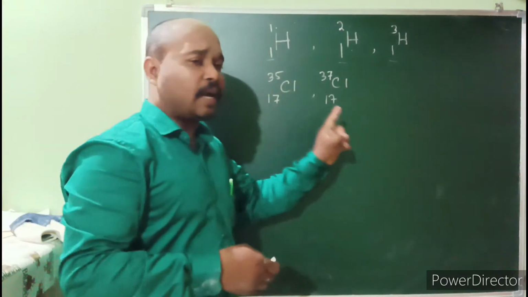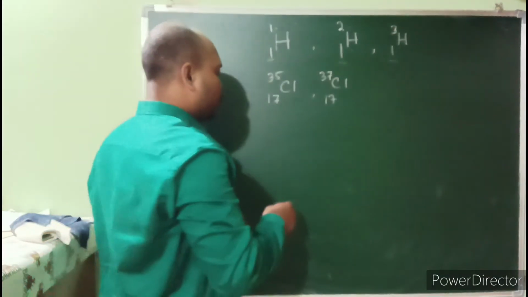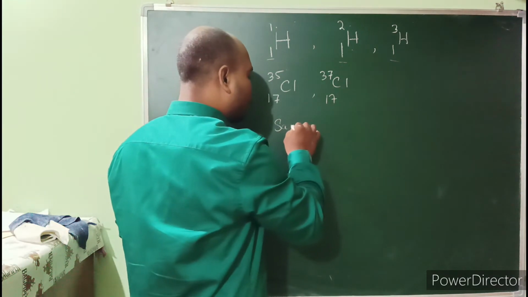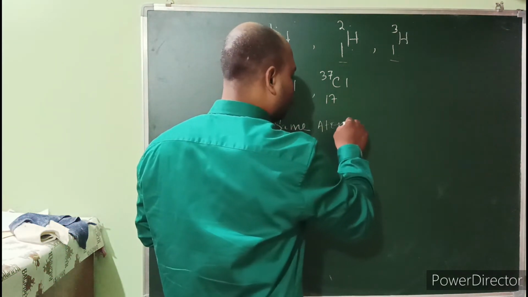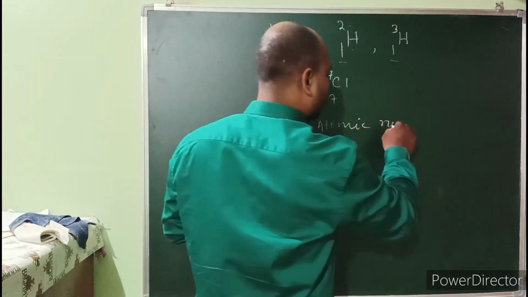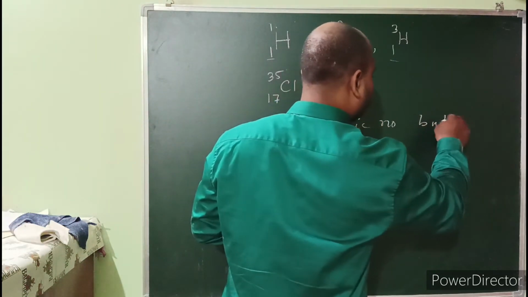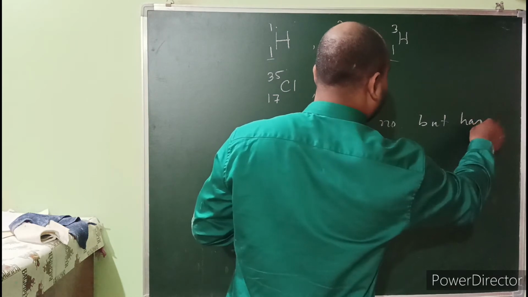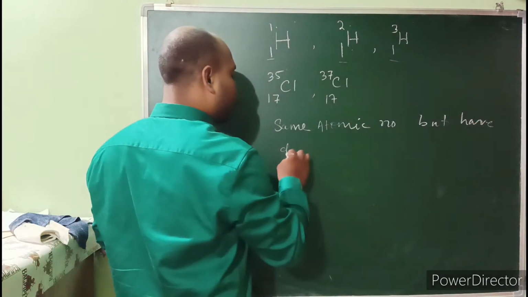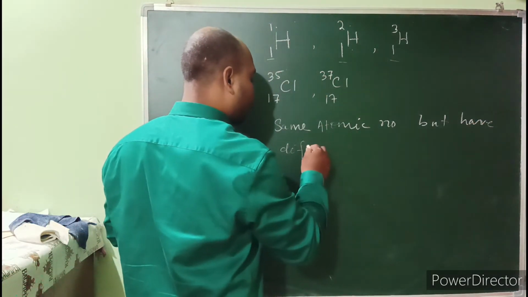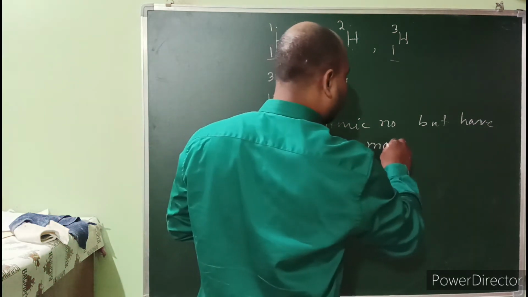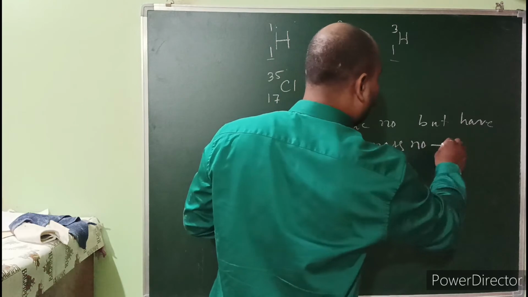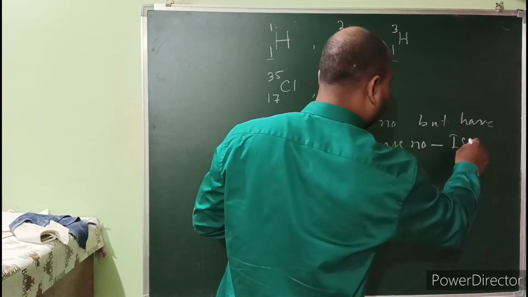That's why these are called isotopes: elements with the same atomic number but different mass numbers are known as isotopes.